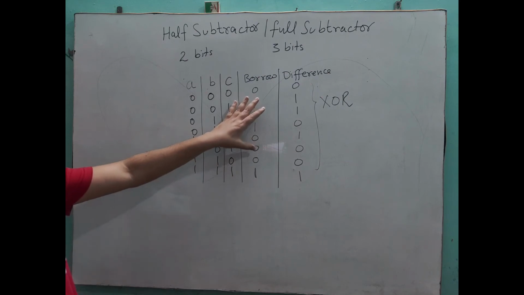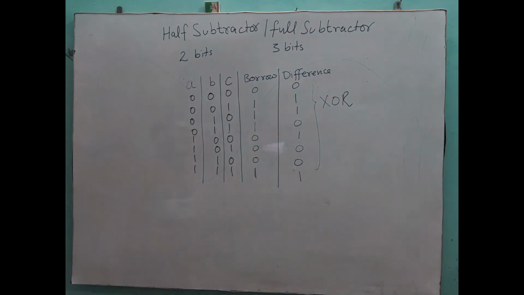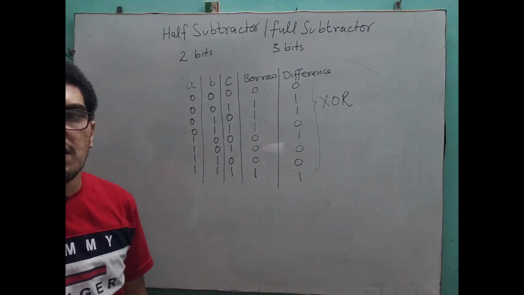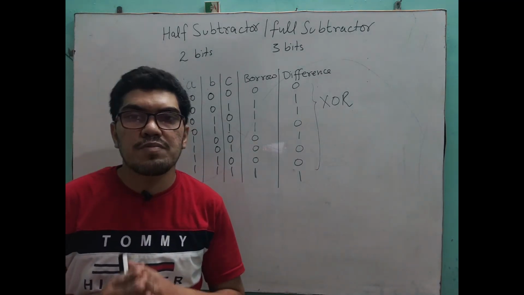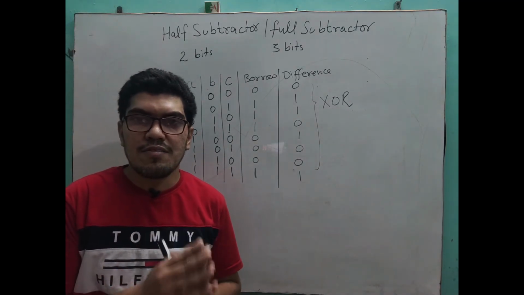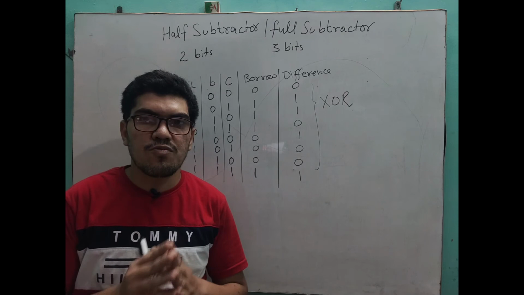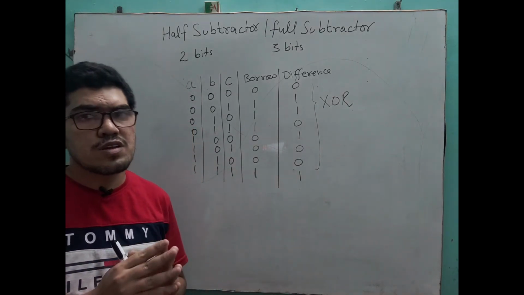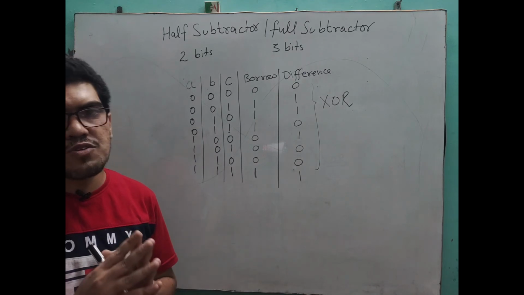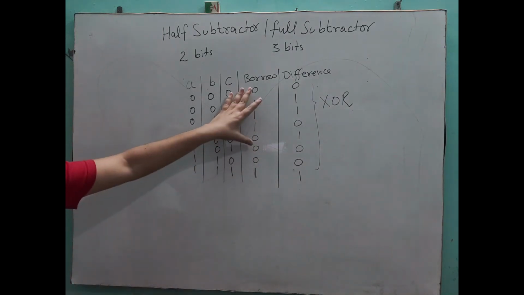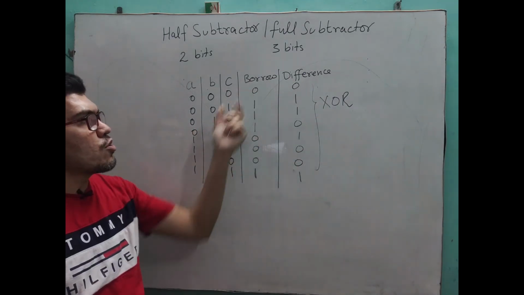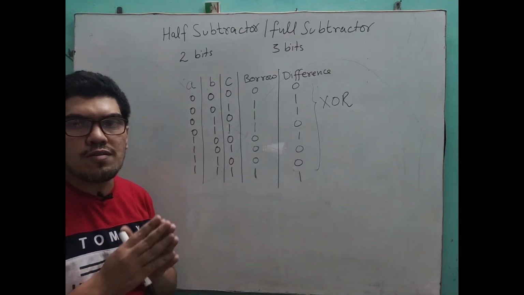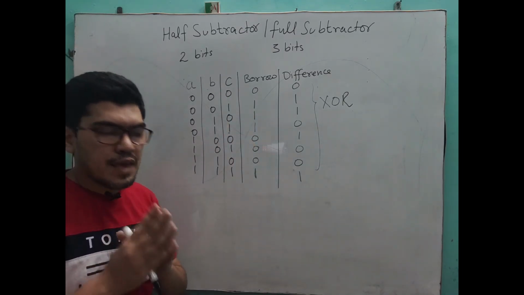And for this borrow, you can use the K-map. If you don't know about K-map, I will provide you the link of K-map in the description. You can go from there and watch the video on K-map. So when you solve this for borrow, let me solve it by using a K-map.